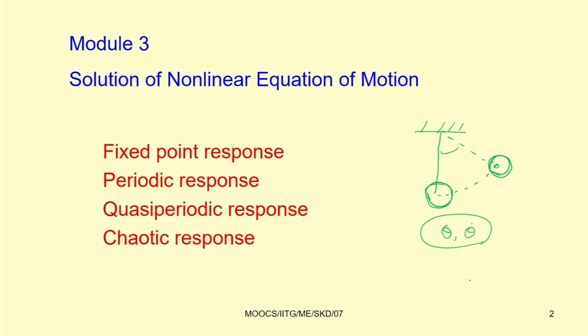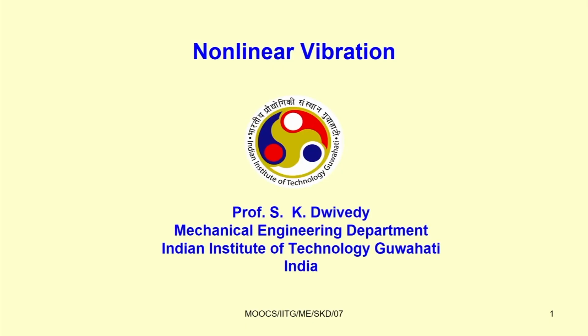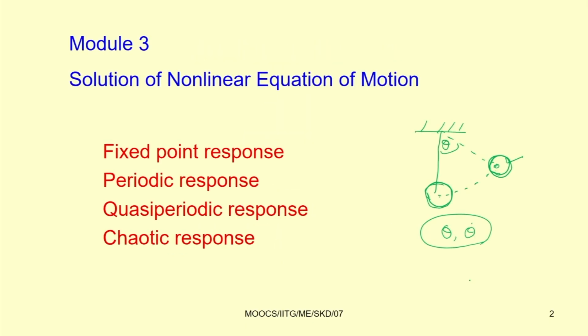This angle is theta. By using these two state variables, we can represent the motion of the system. Here the velocity is 0, that is theta dot equal to 0, but theta is maximum. We have maximum theta at this position, but here theta equals 0 and theta dot is maximum again.